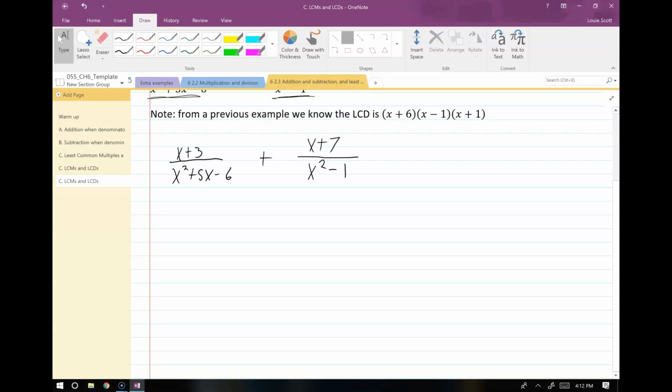The way that I do my LCDs when I'm actually in a fraction is I just factor everything out first, and I don't even list these things on the side because it's really easy to do without that. So I have x plus 3 over, and if I factor this out, that is x plus 6, x minus 1.